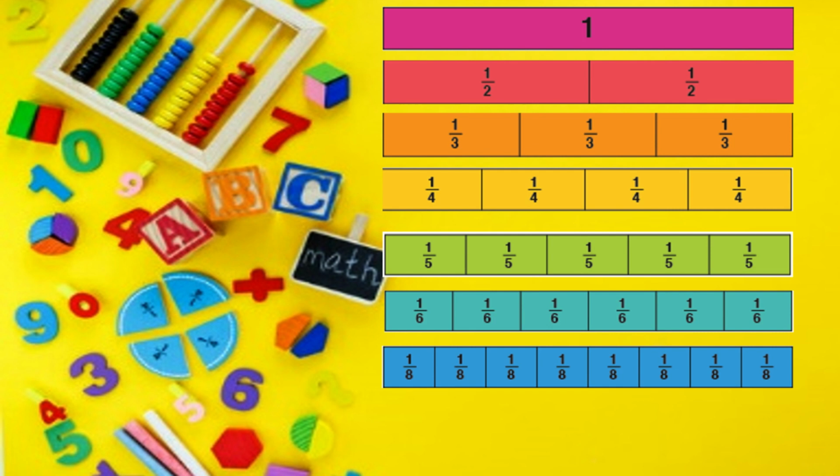When we divided into 2 equal parts, the denominator was the total of the parts. The total was 2, so it remained 2. And then similarly we kept on increasing the parts and we got more fractions, but the size of the strip remained the same.